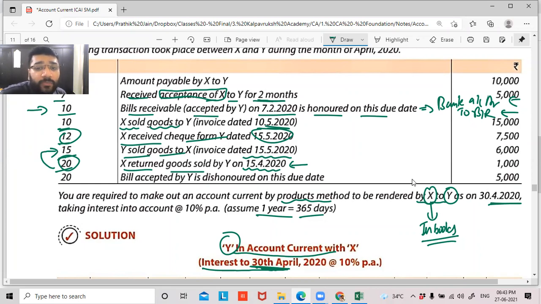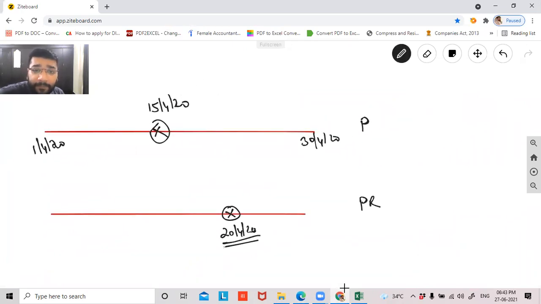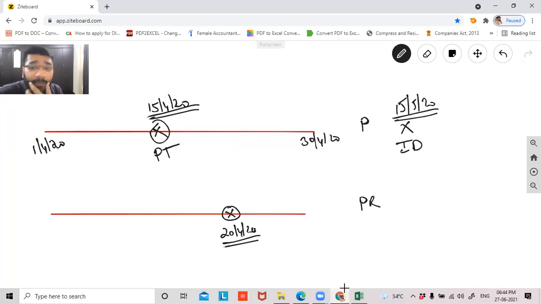Y sold goods to X, so this is my purchase transaction. On 15th of April I purchased it, guys. The invoice date is 15th May, which means my due date is 15th May 2020. This is my purchase transaction date, and this is my invoice date, which is my due date.